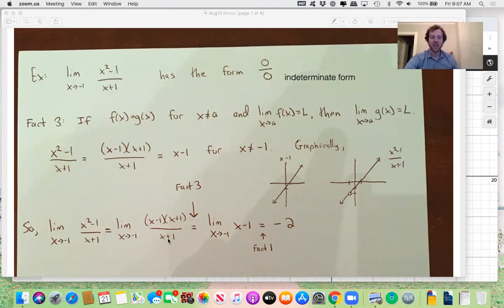This fact says if you have a function and where you're taking a limit, you can find the limit of the simplified version instead. So the limit you're looking for, do any simplifying and work with the simplified version. And this limit x minus 1, that's a polynomial. That's something we can find by putting in -1 and we get -2.